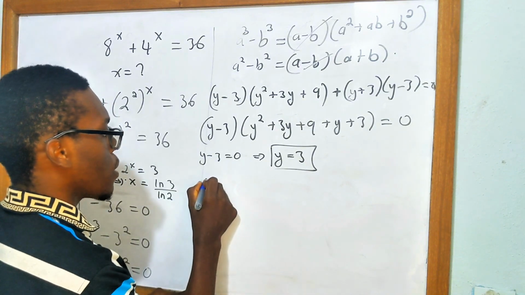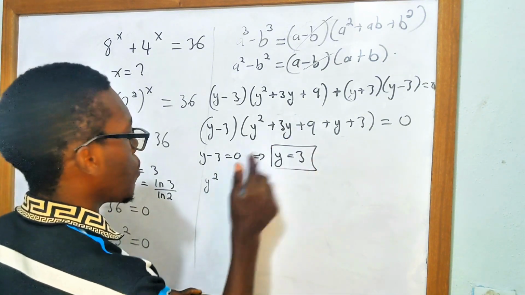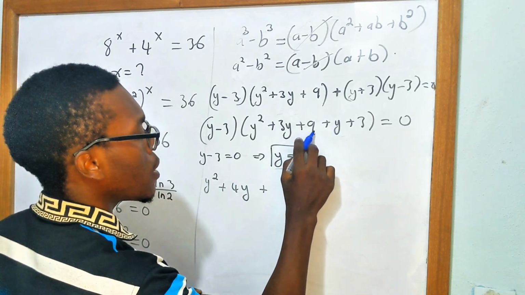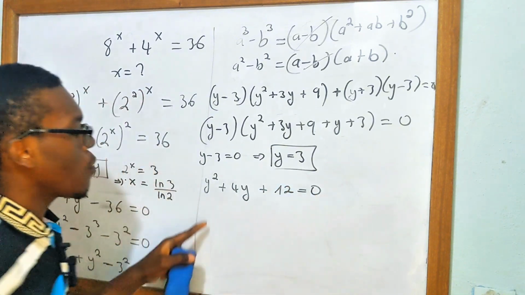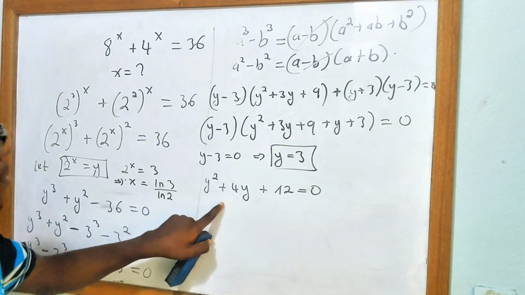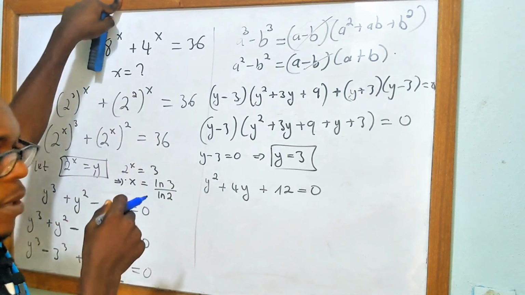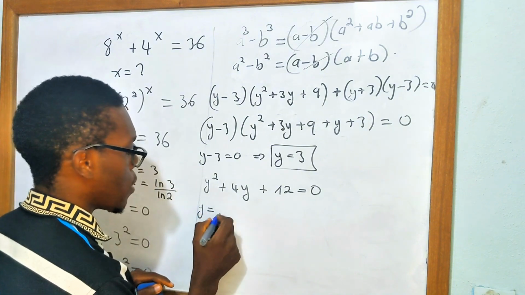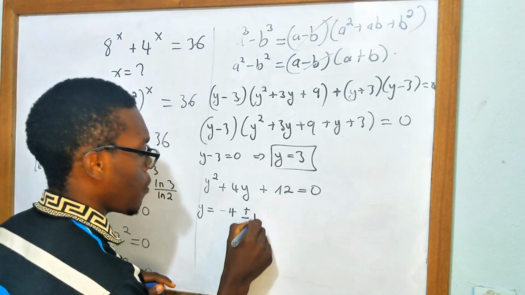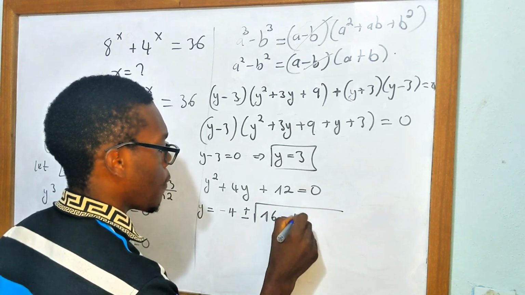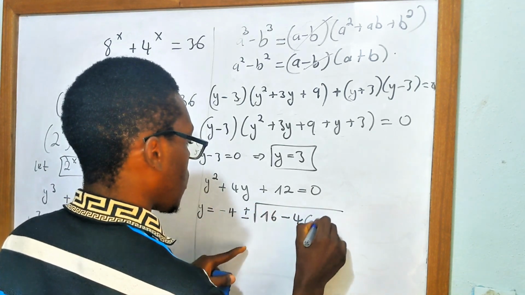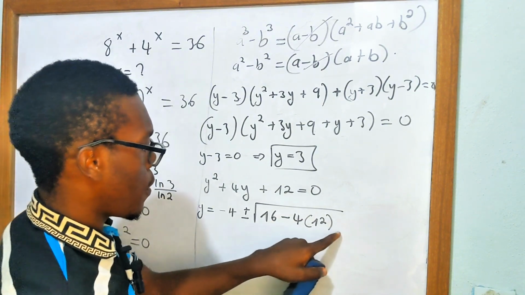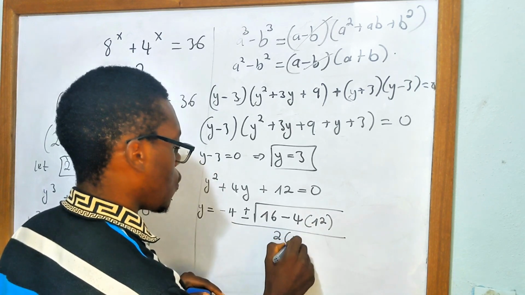Hence, the second one: y squared plus 4y plus 9 plus 3, that is 12, equals 0. We can solve for y using any method. I prefer the quadratic formula because factorizing this will be quite difficult. Therefore, y equals negative b plus or minus the square root of b squared minus 4ac, all over 2a, with a equal to 1.